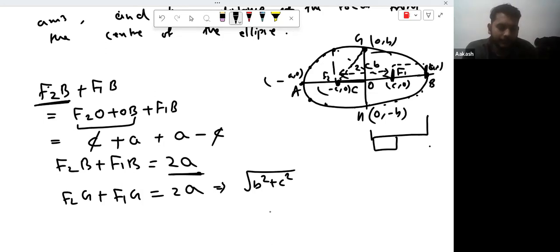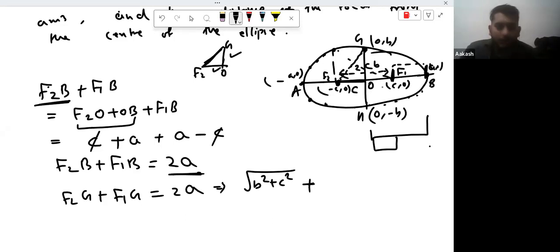Sir, can you explain that again? Look at the triangle OF2G. So using Pythagoras, I can say this is this square plus this square under root. And plus F1G.